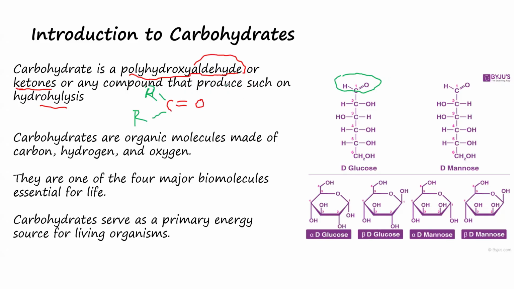It means that there must be an aldehyde or ketone functional group with many OH. The polyhydroxy means many OH groups. So these are the two major characteristics of every carbohydrate. Number one, they must have an aldehyde or ketone functional group with many OH groups. Or maybe a compound that after you hydrolyze it, the word hydrolysis means breaking down, will give you a polyhydroxyaldehyde or ketone.